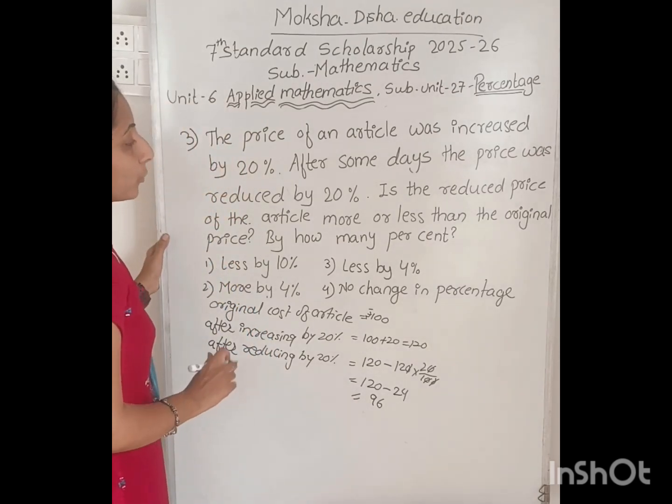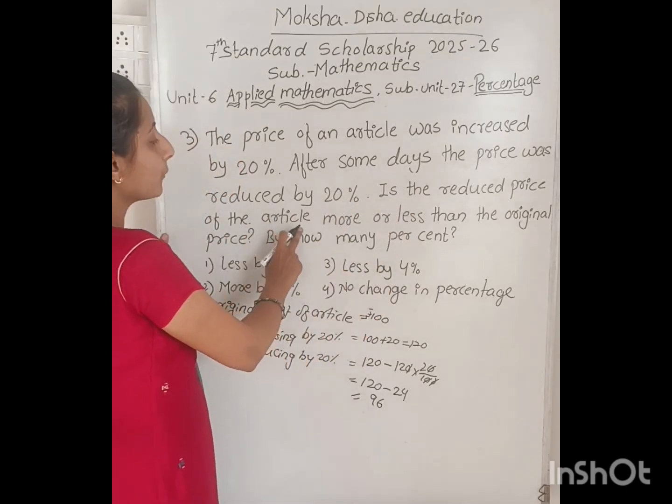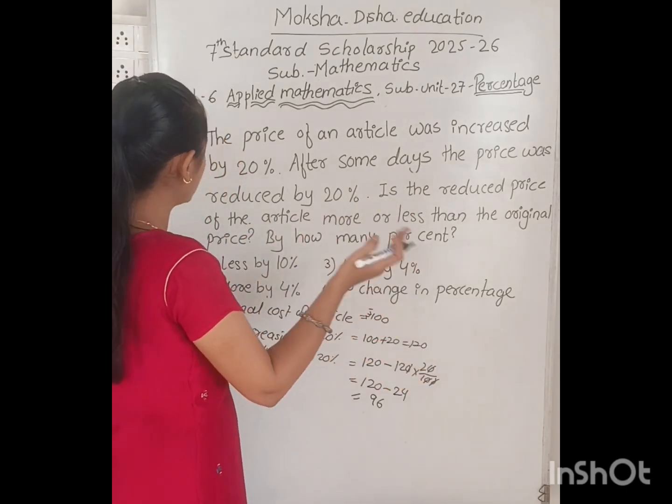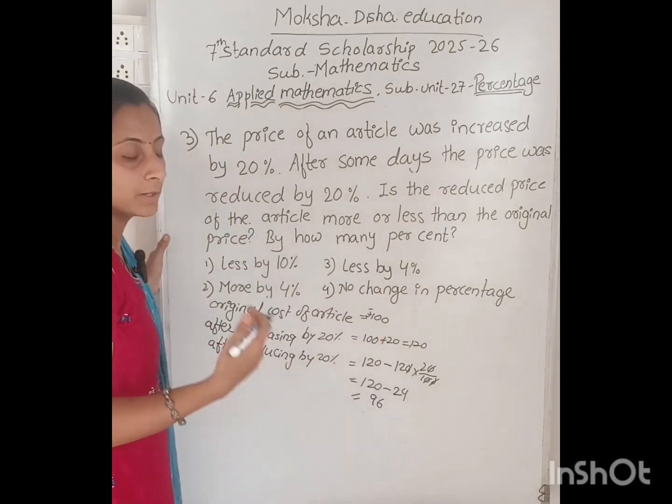Okay. Now what we have to find out? We have to find out whether the price of the article is more or less than the original price and by how many percent.